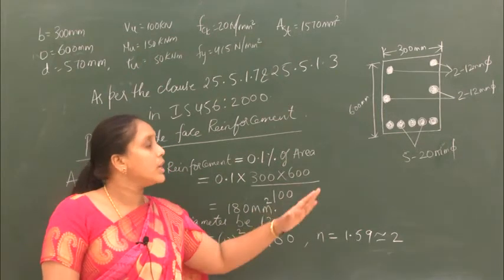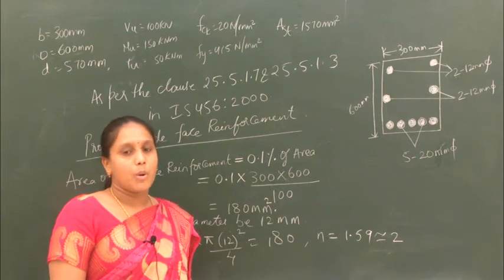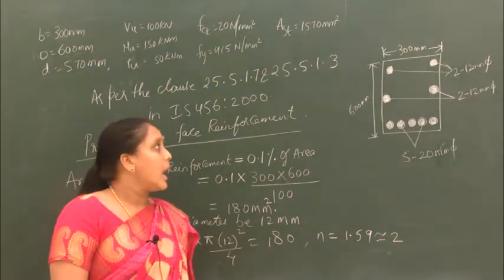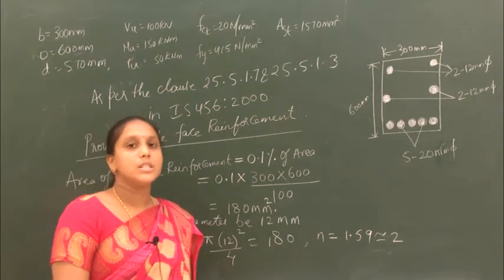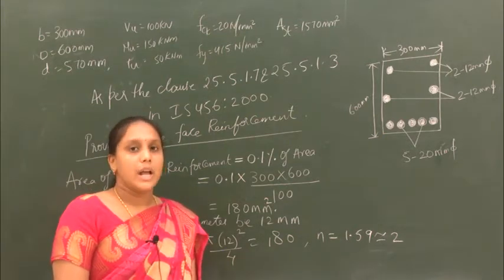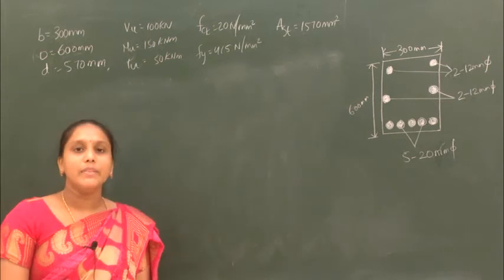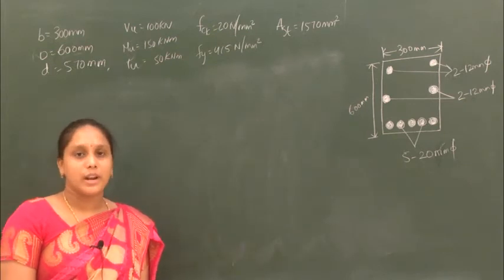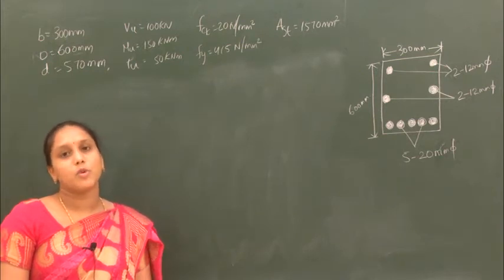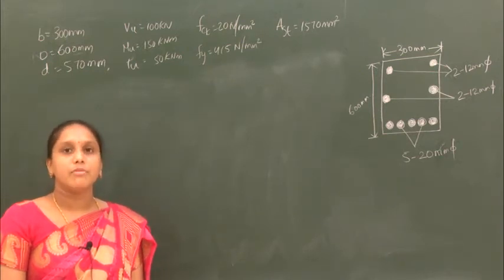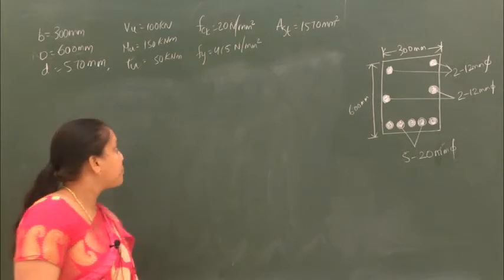The longitudinal reinforcement we have provided. Now we will move on and design the transverse reinforcement. So the next step is to calculate the transverse reinforcement. How is transverse reinforcement provided? Transverse reinforcement is provided in the form of stirrups.